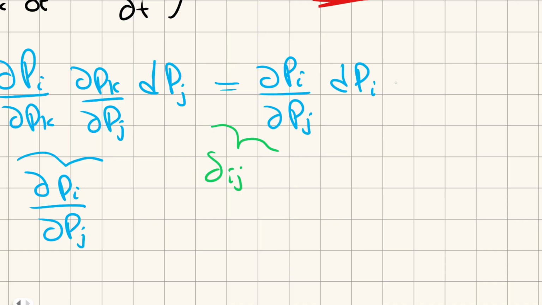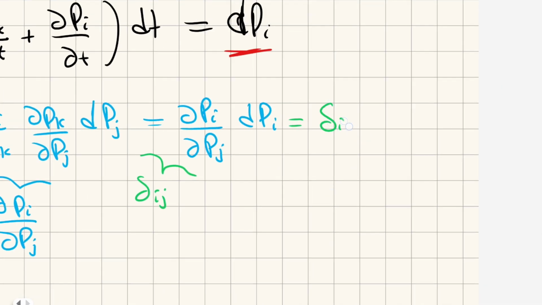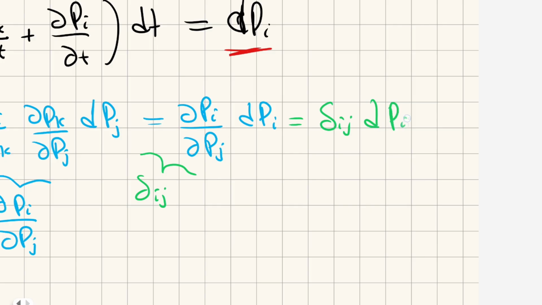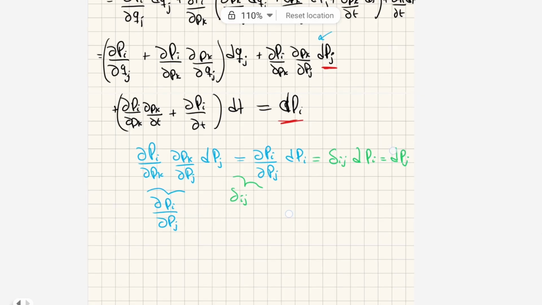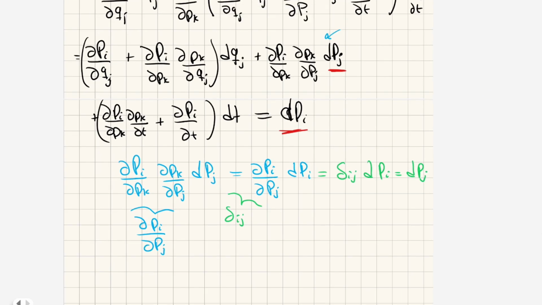So that means this is equal to Kronecker delta ij times dPi, which is of course dPj. So this means all this stuff that I have here is equal to dPi, right?